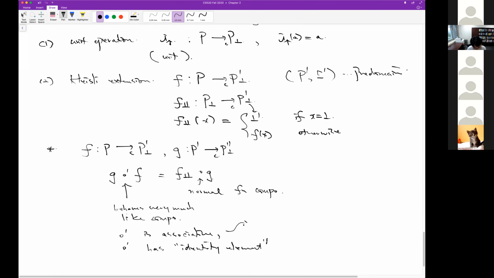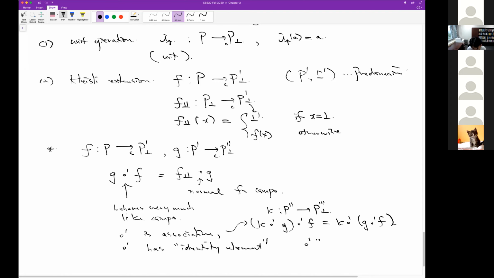What this associativity means is that if you have one more function k that goes from P double prime to P triple prime bottom, then this relationship is true: k prime g prime f is the same as the other grouping. So this is like the associativity for function composition. And then it also has units.